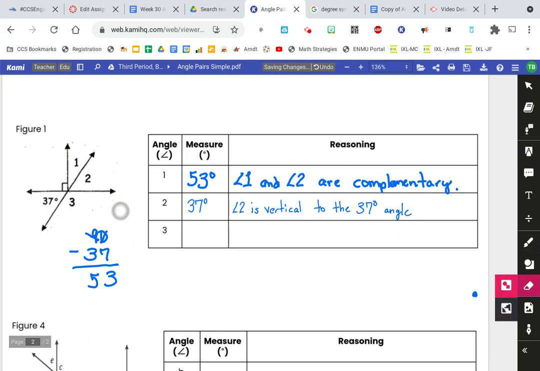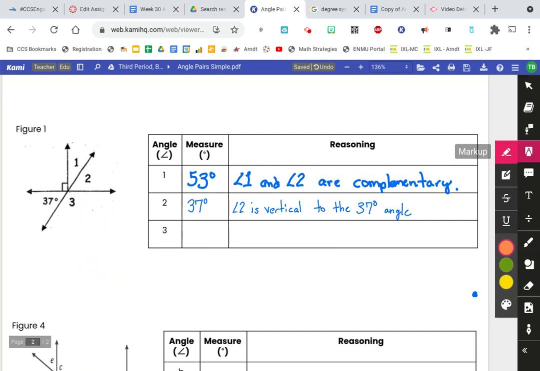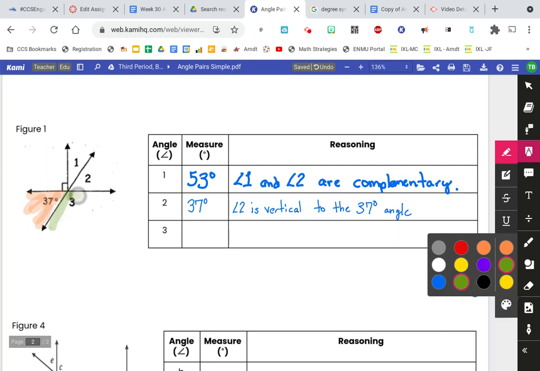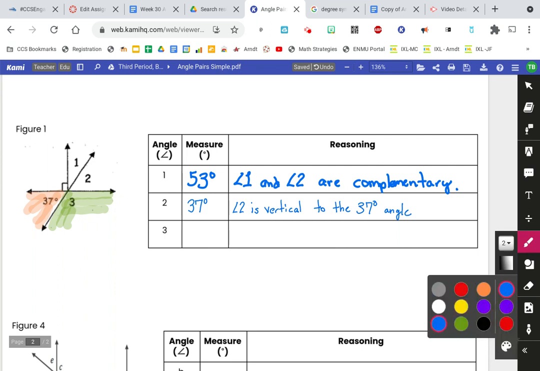Okay, almost there. So I need to erase some of my writing so you can understand what I'm talking about now. So next, I notice that I have an angle right here, and that angle is 37 degrees, of course. And I notice if I put that angle together with this angle right here, I notice that those two angles form this line.